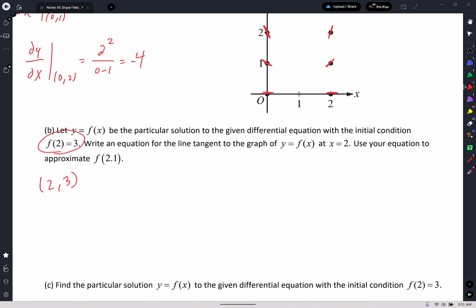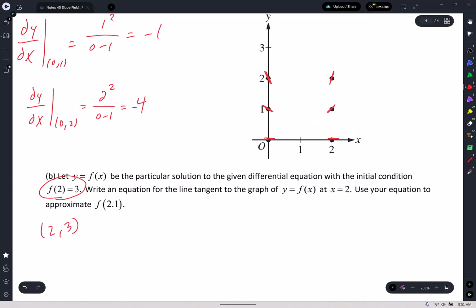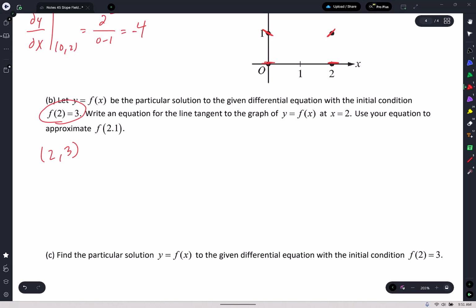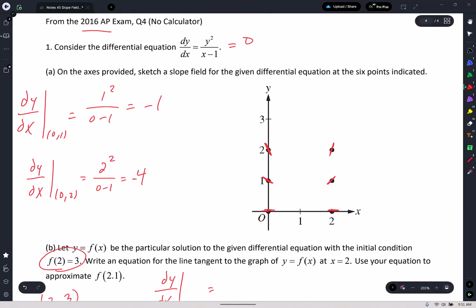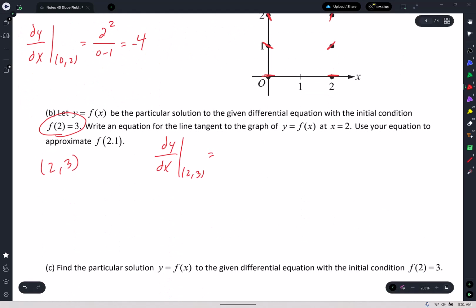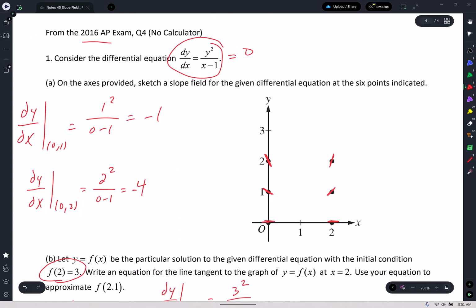Okay, they're asking 2 things. They want a tangent. What do I need for a tangent line? Point and slope. You already got the point. The point is 2, 3. I have the slope. They don't give it directly, but you have the slope. So here it is, dy dx at 2, 3 equals, and then just plug it into your equation for slope, dy dx. So let's see, 3 squared over 2 minus 1.